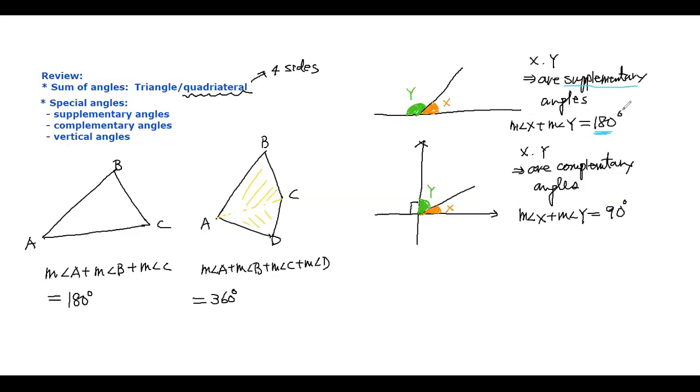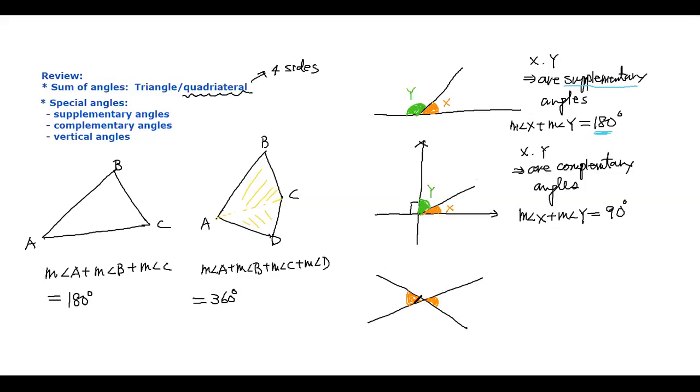So what are vertical angles? Vertical angles means if you have two lines that intersect, right? So in here, this angle and this angle, as you can see, I use the same color.